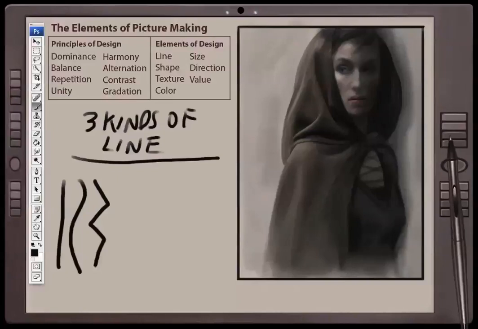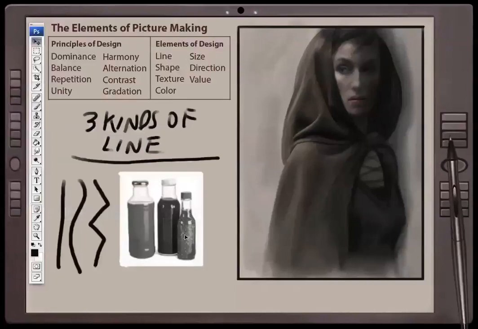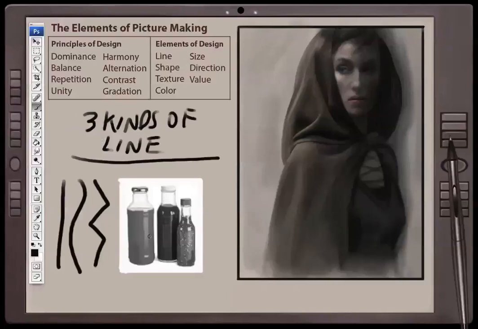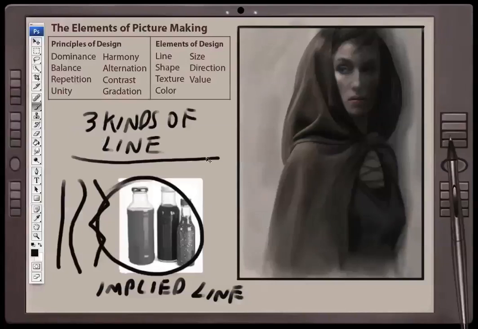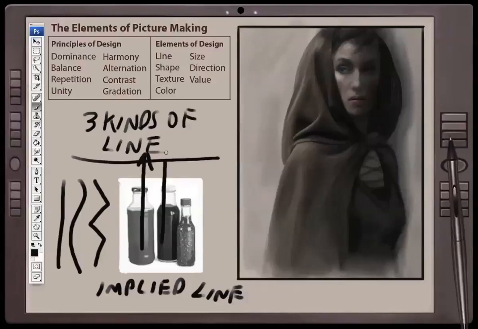Then there is another kind of line, which is a compositional line, and it's called an implied line. And an implied line is set up by a shape, such as these bottles here, for example, that point in a particular direction. The bottles point upward, like that.